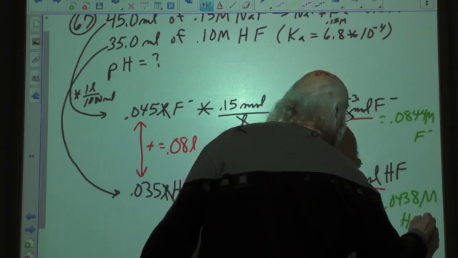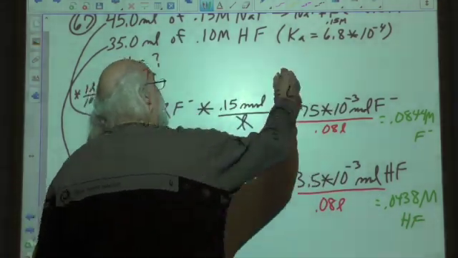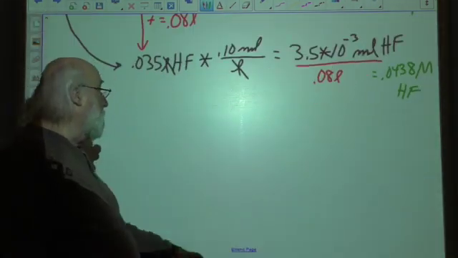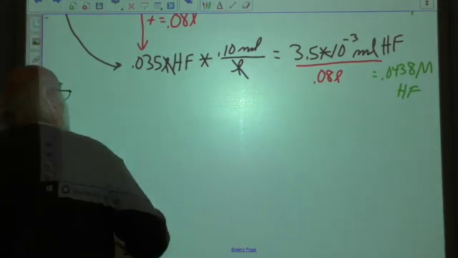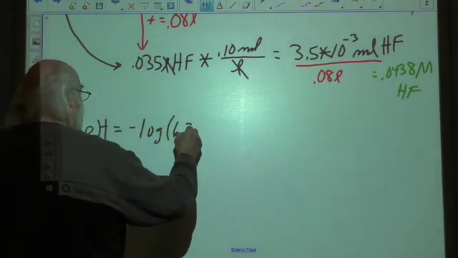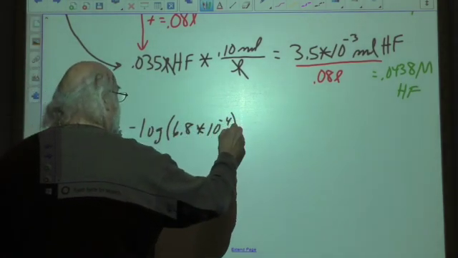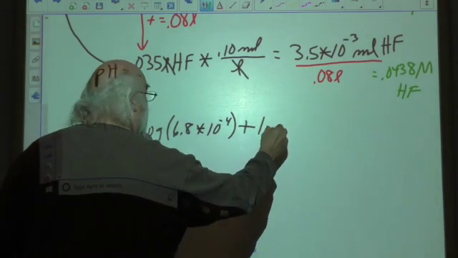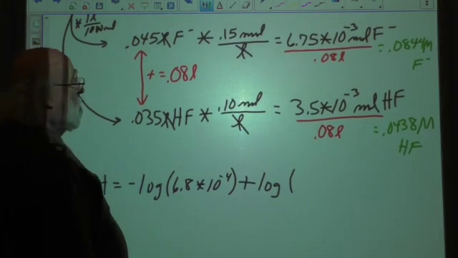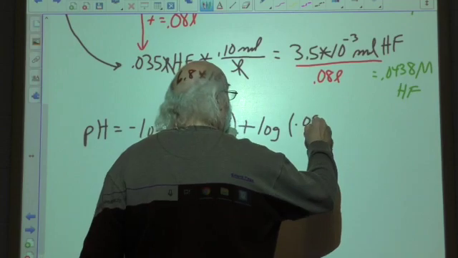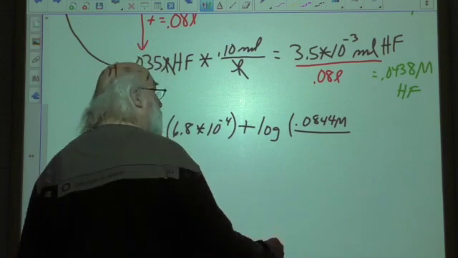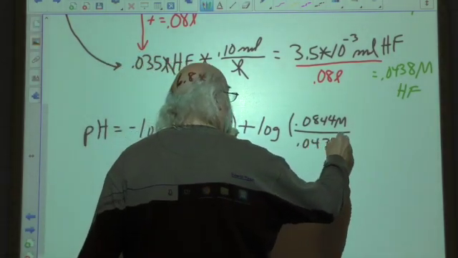Now we're ready to plug that into Henderson-Hasselbalch, remembering that the Ka is 6.8 times 10 to the -4. So, pH equals negative log of 6.8 times 10 to the -4 plus the log of the concentration of the base. And the base here is 0.0844 moles per liter divided by the concentration of the acid, which is 0.0438 moles per liter.